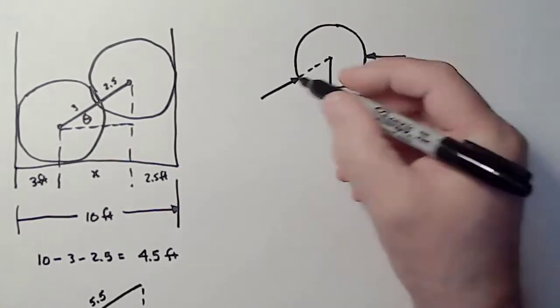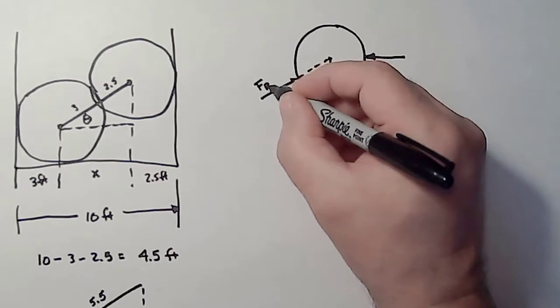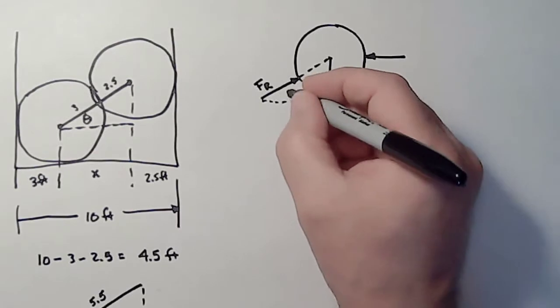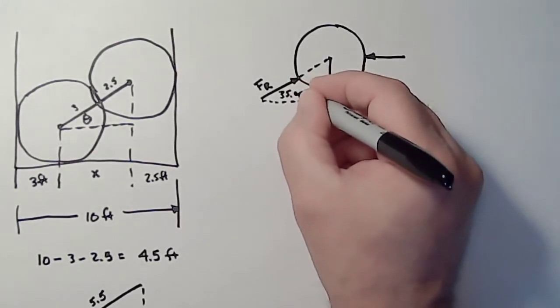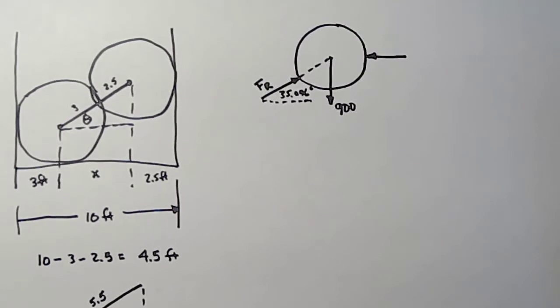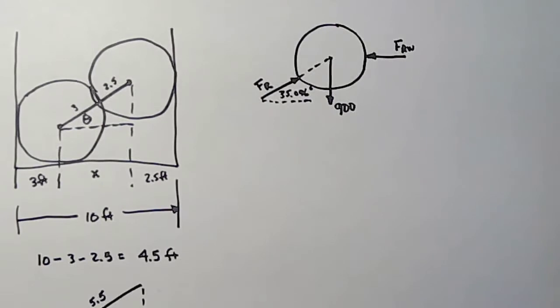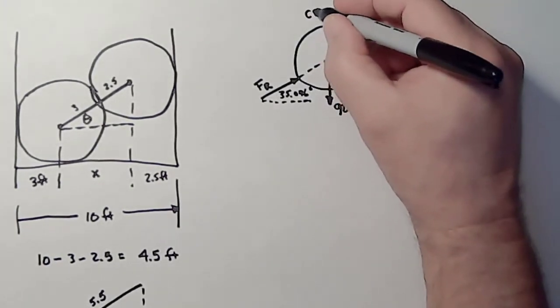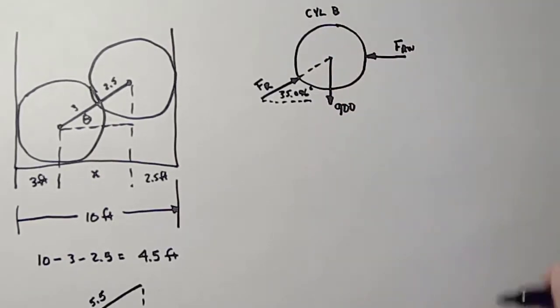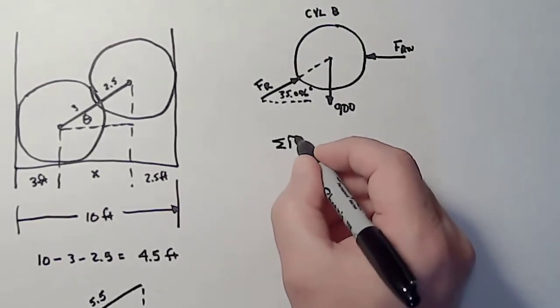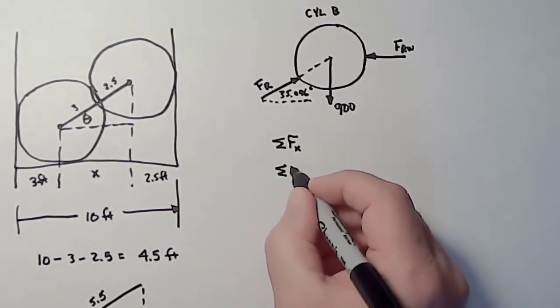And I have a force from the rollers at 35.096 degrees. And those are all the forces that are on the cylinder B. Two unknowns, which means I can solve this with the sum of Fx and the sum of Fy.